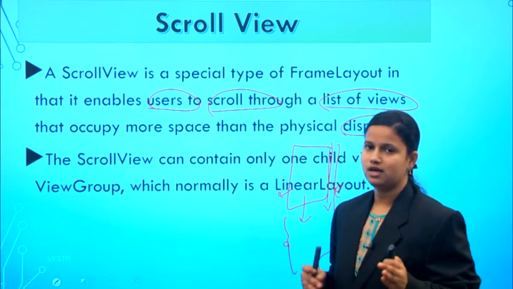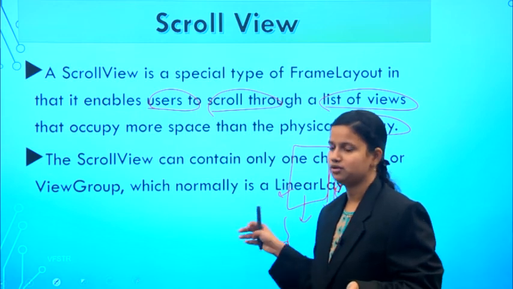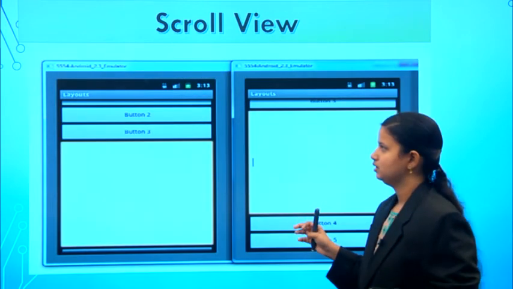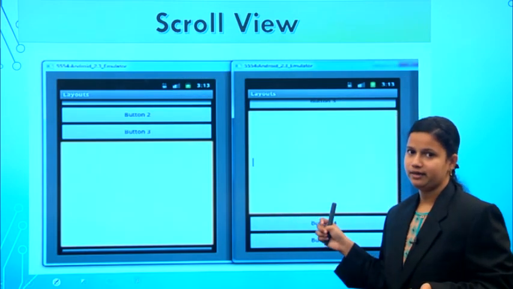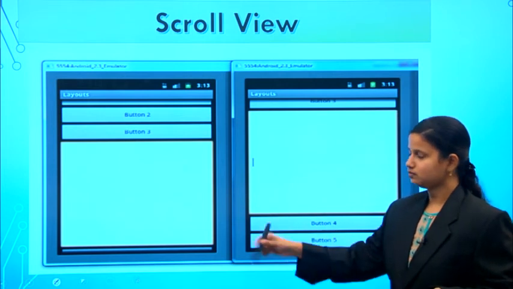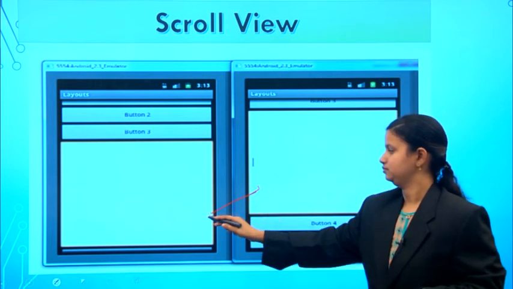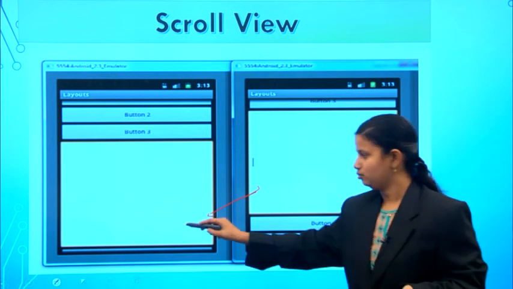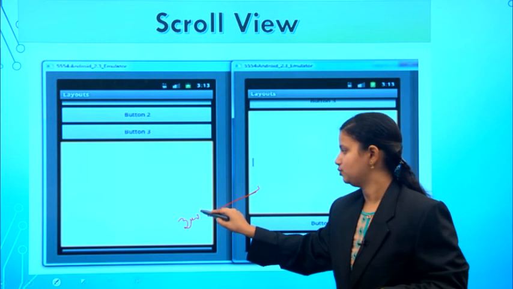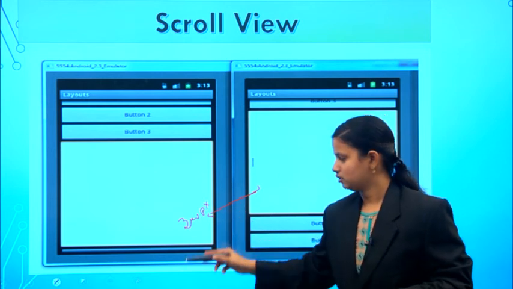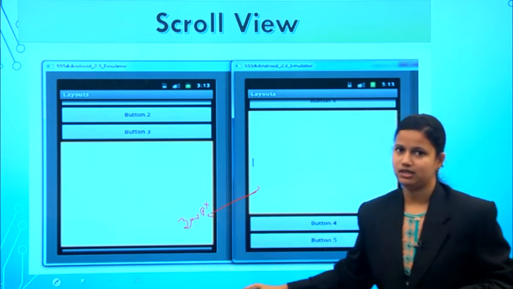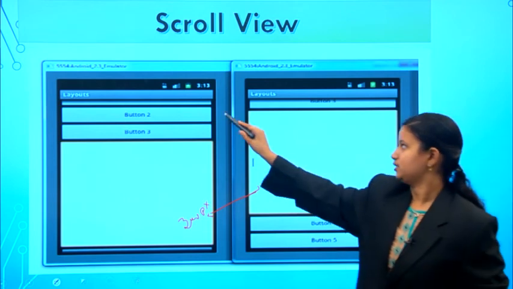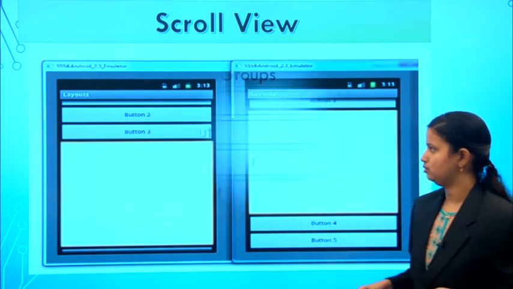For example, here we display five different buttons along with an edit text. The edit text has a size of 300 or 400 pixels, so it will occupy more space than your activity. To display it, we have to provide a scroll bar.